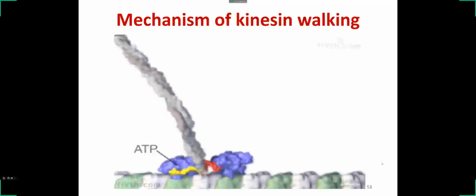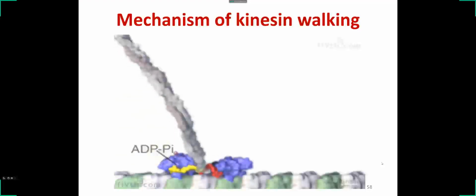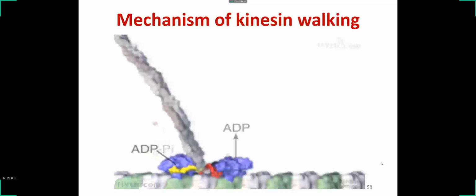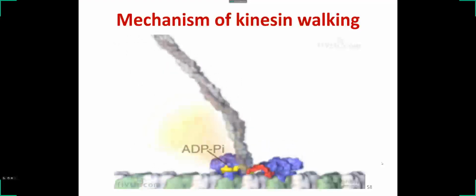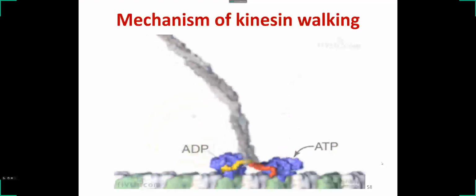The attached trailing head hydrolyzes ATP and releases phosphate. As the neck linker unzippers from the trailing head, the leading head exchanges its nucleotide and zippers its neck linker onto the catalytic core, and the cycle repeats. In this way, kinesin dimers move processively, step by step, along the microtubule.